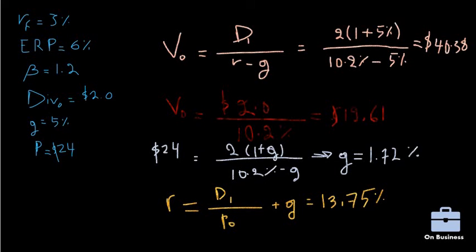As we notice, it's greater than the rate of return that we calculated through the CAPM model, which was 10.2%. And one interpretation for this is that the market is placing a high required rate of return, and this has resulted in undervaluing the stock.